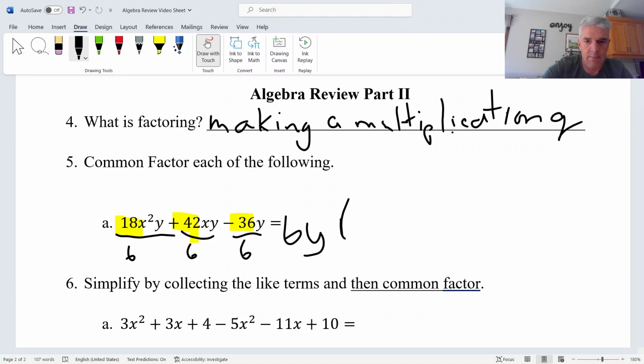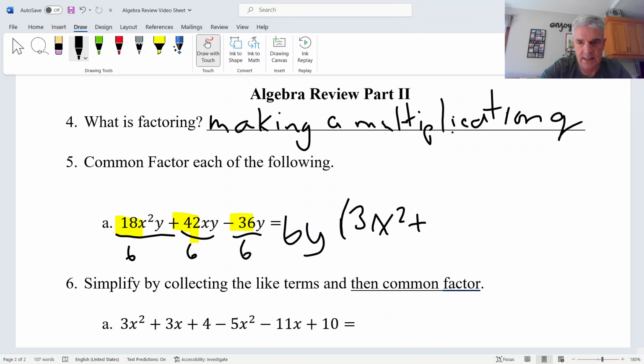So 18 divided by 6 is 3, and the x's stay behind, x squared. That means that when 6y multiplies by 3x squared, I get 18x squared y, which is the original question.